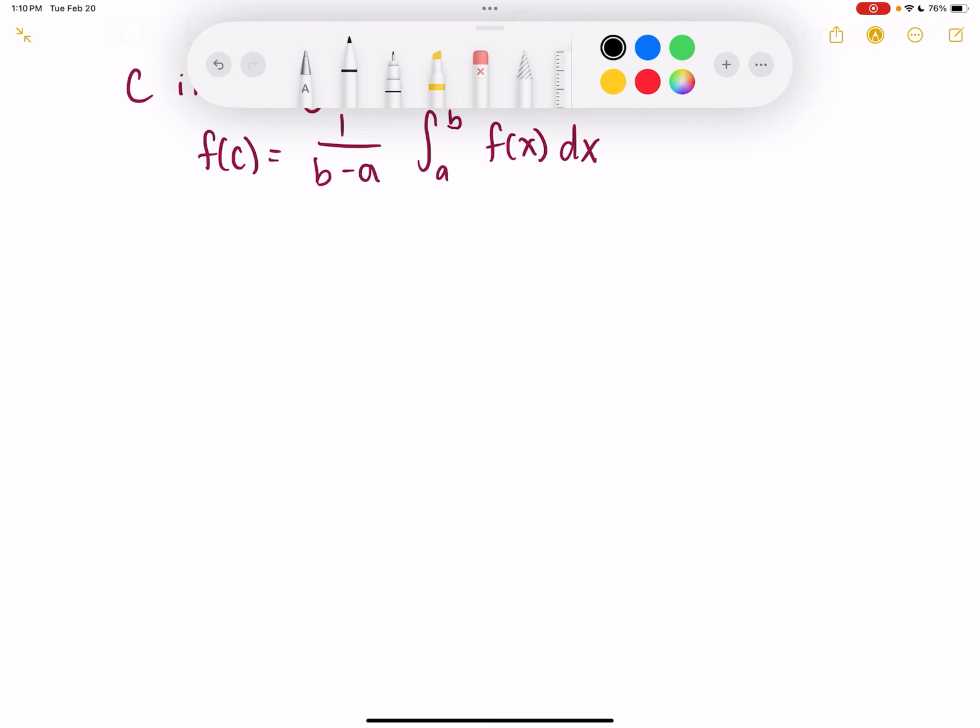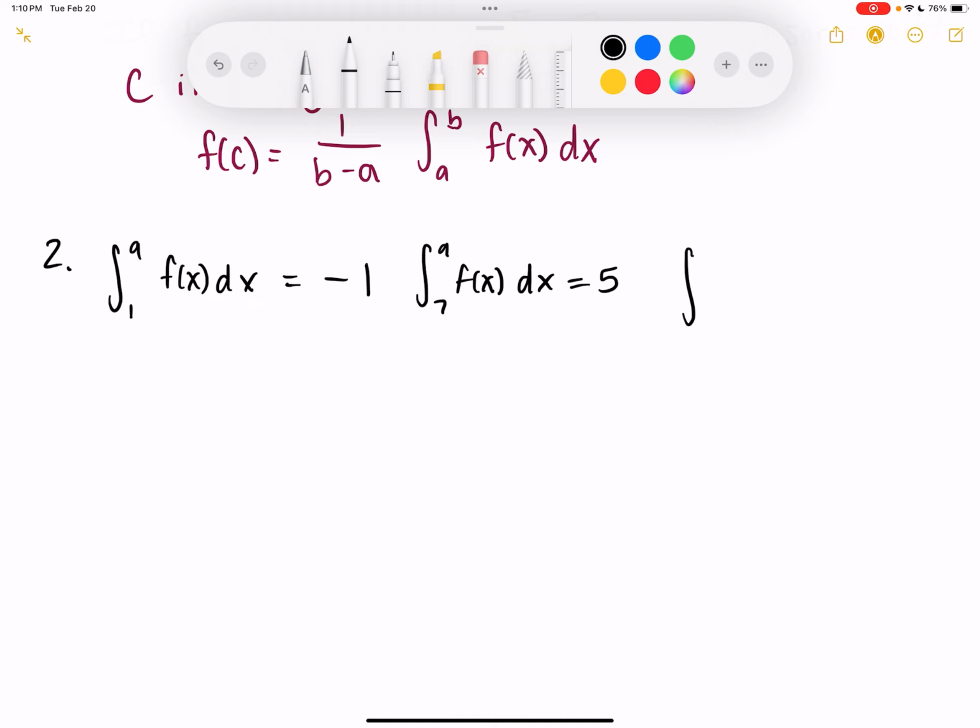Suppose that f and h are continuous functions and that, this is the part you're going to want to write down, the integral from 1 to 9 of f of x dx is equal to -1. The integral from 7 to 9 of f of x dx is equal to 5. And the integral from 7 to 9 of h of x dx is equal to 4.